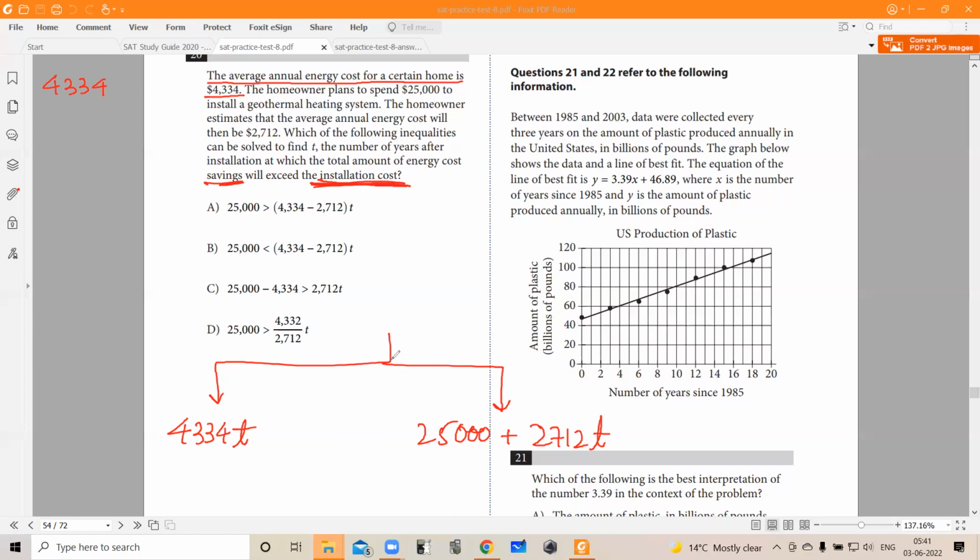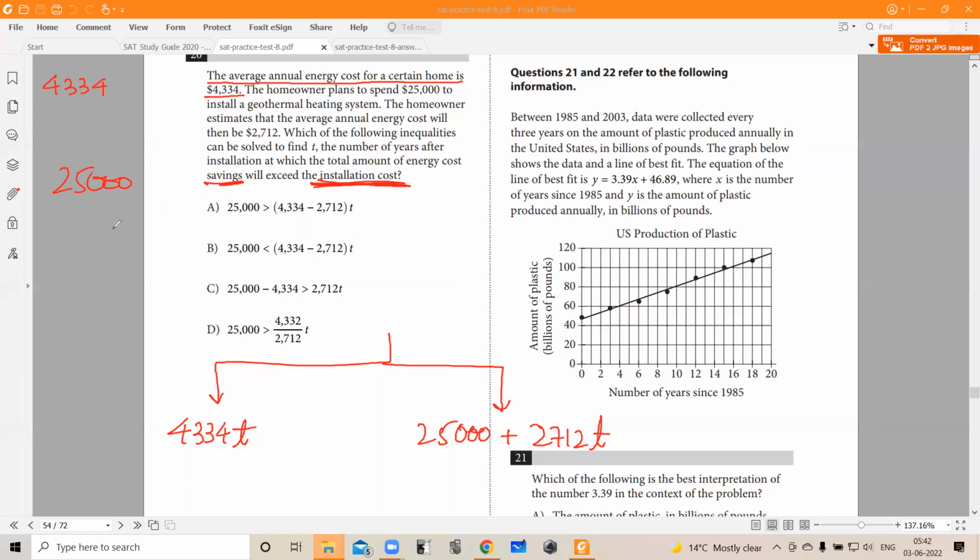So I guess it would be the division one. No, division will not give you how much. Then it's A. Yeah, that's what I'm trying to say, why is it A? Well, because you have to subtract. It's exceeding the installation cost. 25,000 is bigger than what you were paying before, minus what you're paying now, times years.